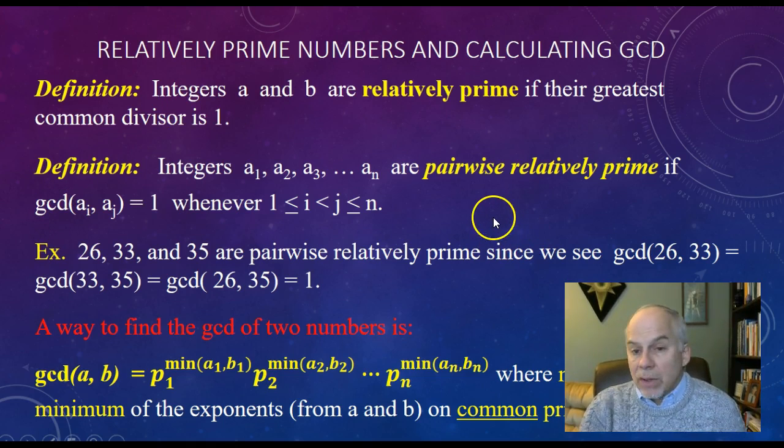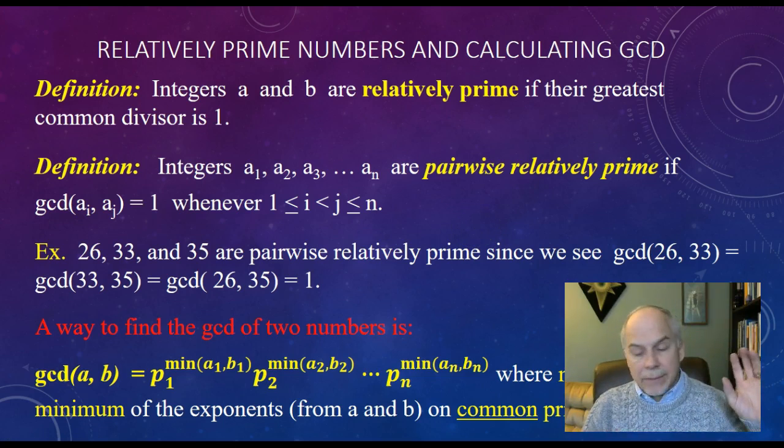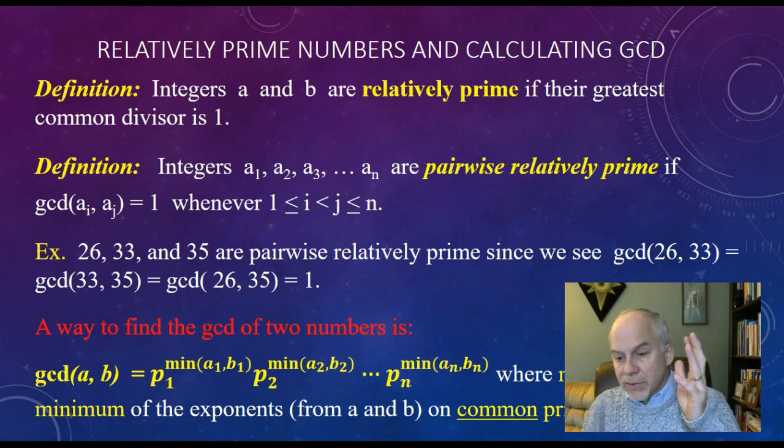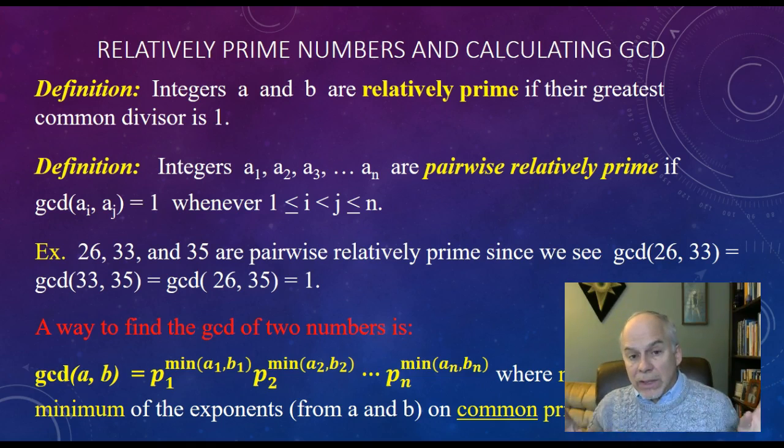Now, you can also have a whole set of numbers that are relatively prime. Let's say you had a whole bunch of numbers like 22 and 7 and 9. Well, the divisors of 22 are 1, 2, and 11. The divisors of 7 are 1 and 7, and the divisors of 9 are 1, 3, and 9. But the only divisor that's common to all of them is 1. And so that's what this is saying.